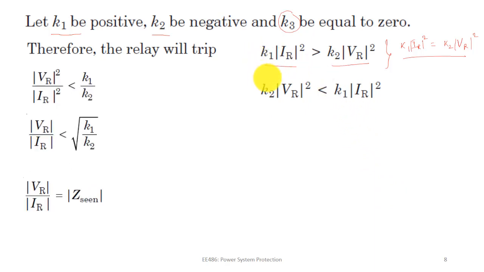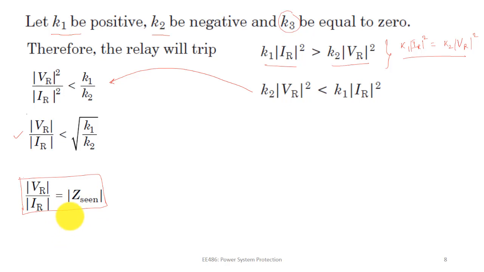So now from this equation we will find that VR square by IR square should be less than K1 by K2, and VR by IR should be less than the square root of K1 by K2. VR by IR is equal to Z seen, that is the impedance seen by the relay.